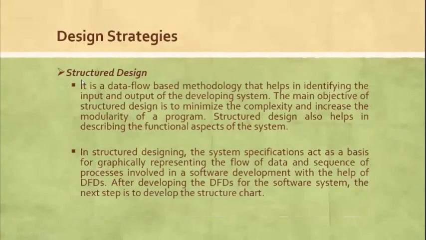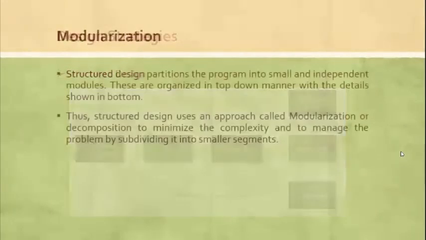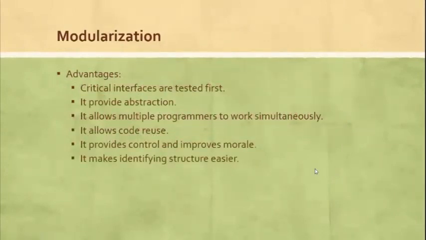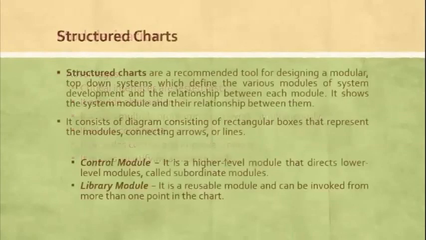Then we also discuss what is a structure design. So basically, it concentrates on identifying the input and output of a particular system. Then we also discuss what is modularization. So basically, modularization is also known as decomposition and its advantages.